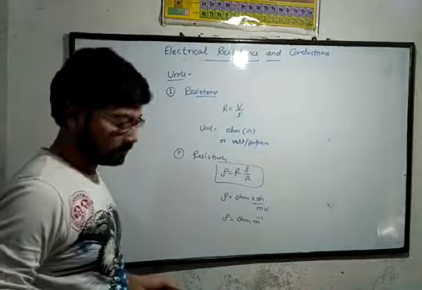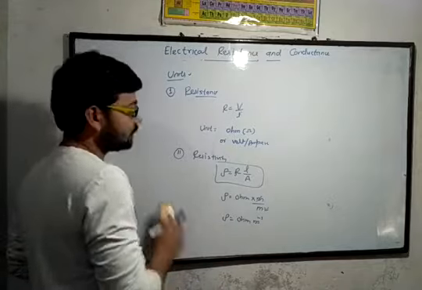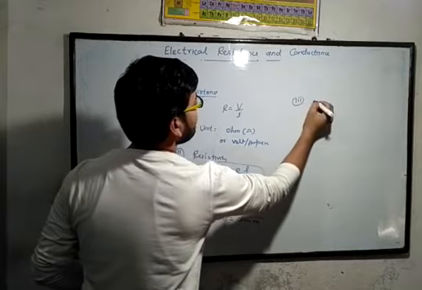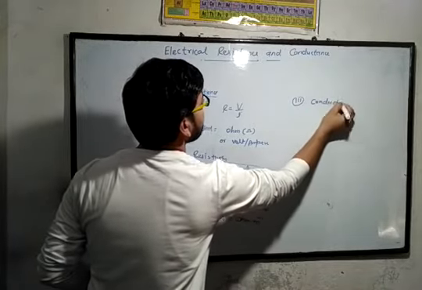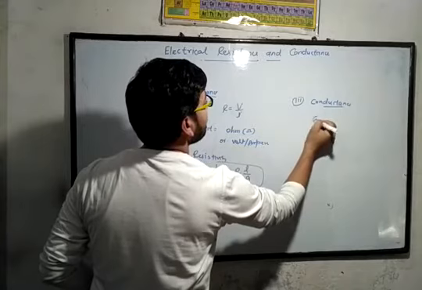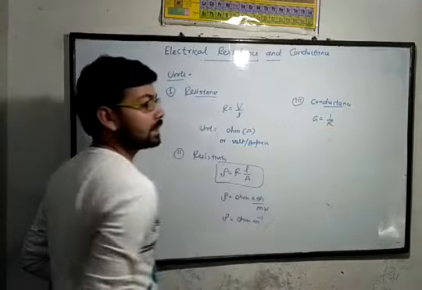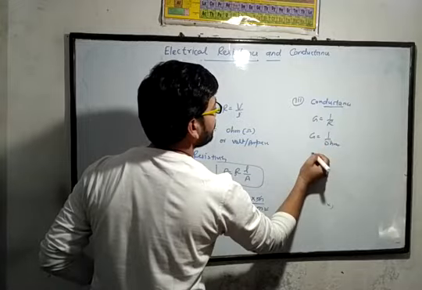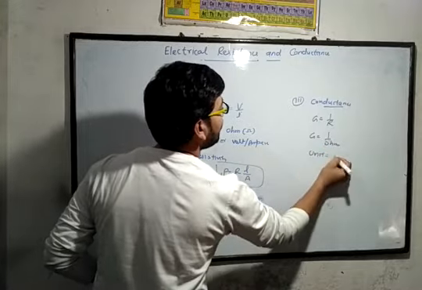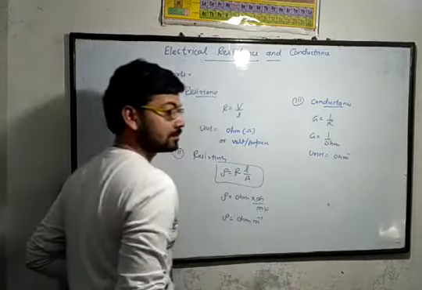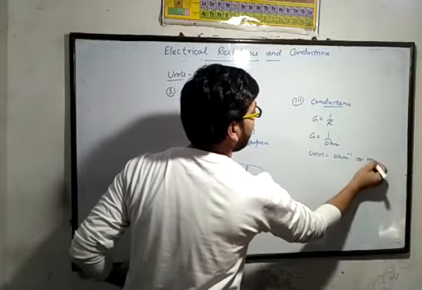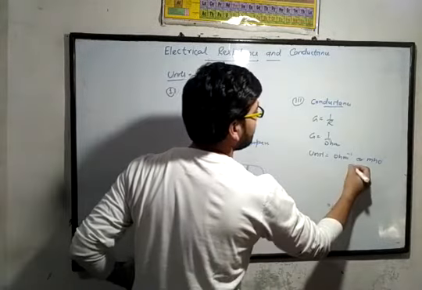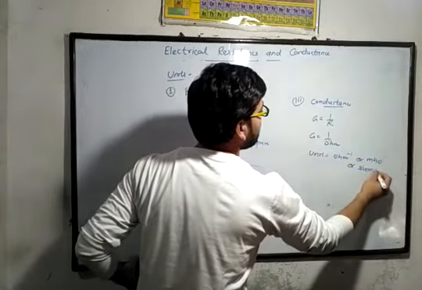Now the third is conductance, which is G is equal to 1 upon R. So G is equal to 1 upon ohm. So the unit is ohm inverse, or mho, or Siemens.